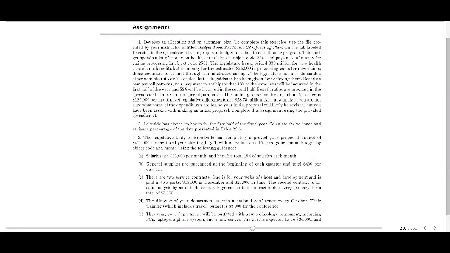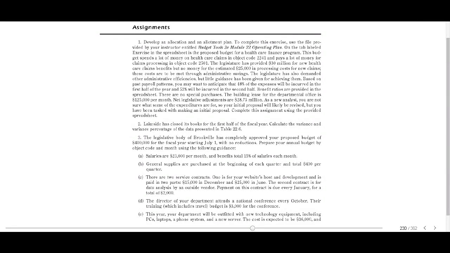The building lease to the departmental office is something you cannot change because you're locked into a lease. You can't move that. Your net legislative adjustments will be $28.75 million. How do you know it's 28.75? Well, that's what it leaves you with after you subtract all the things you need to do.